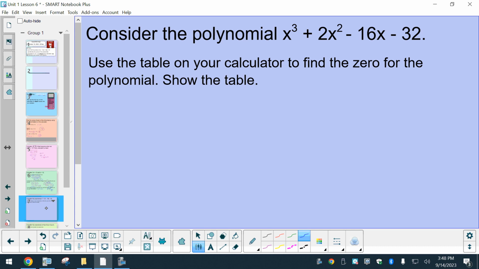Okay. Now let's show you guys how we use our calculator to find the 0, right? So we're going to take this polynomial, this right here, and we're going to type it into y equals.